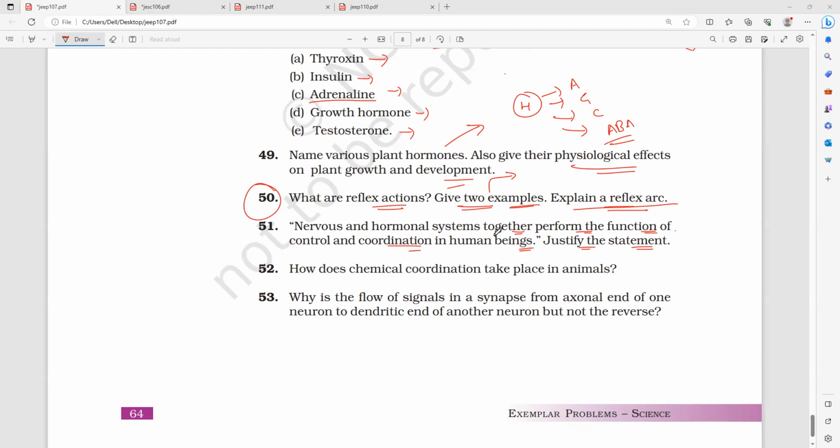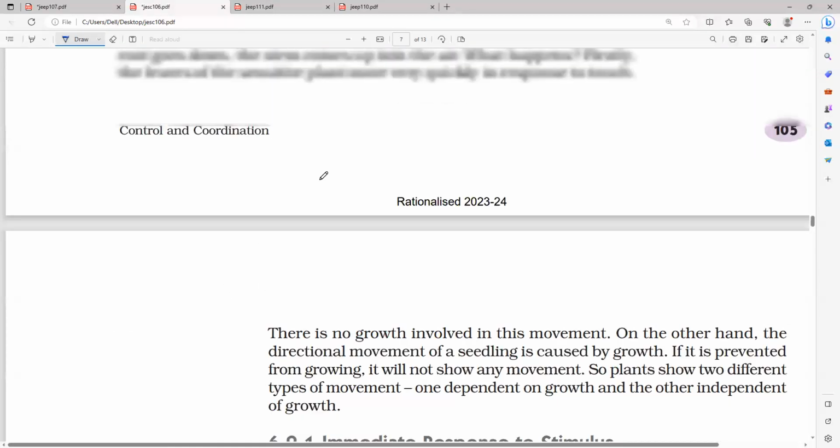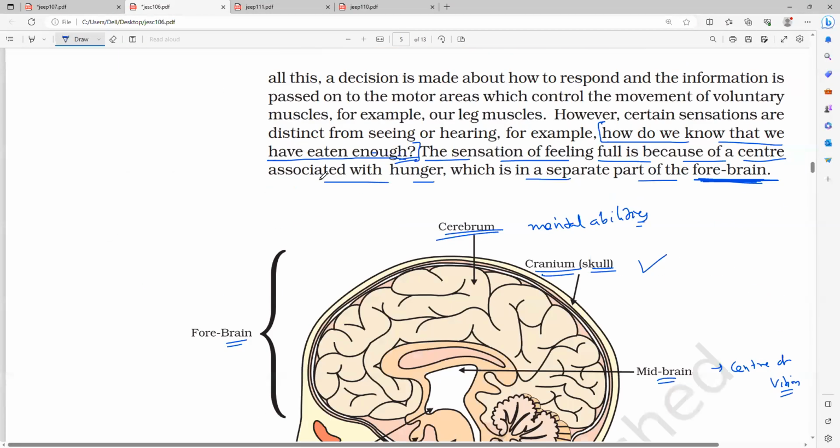So for example, nervous coordination in human beings is performed by what? Nerve impulses. So these nerve impulses communicate what, guys? They will communicate the information from receptors to which nervous system? The central nervous system, through which neurons? Sensory neurons.